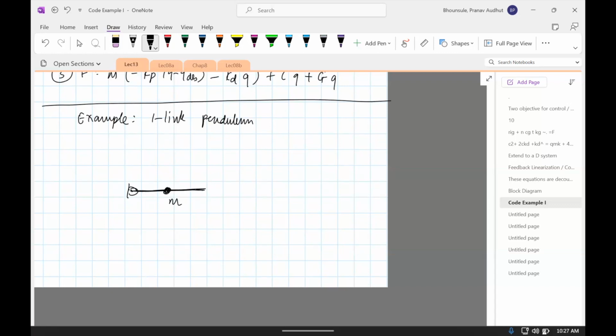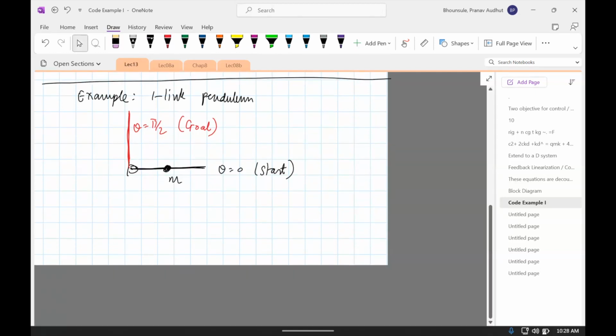Let's say this is the mass. Here theta is 0. Our goal is to apply a torque which will get the pendulum in the upright position. So this is theta equals pi divided by 2. So this is the start. This is our goal. And obviously we want to do this as fast as possible.